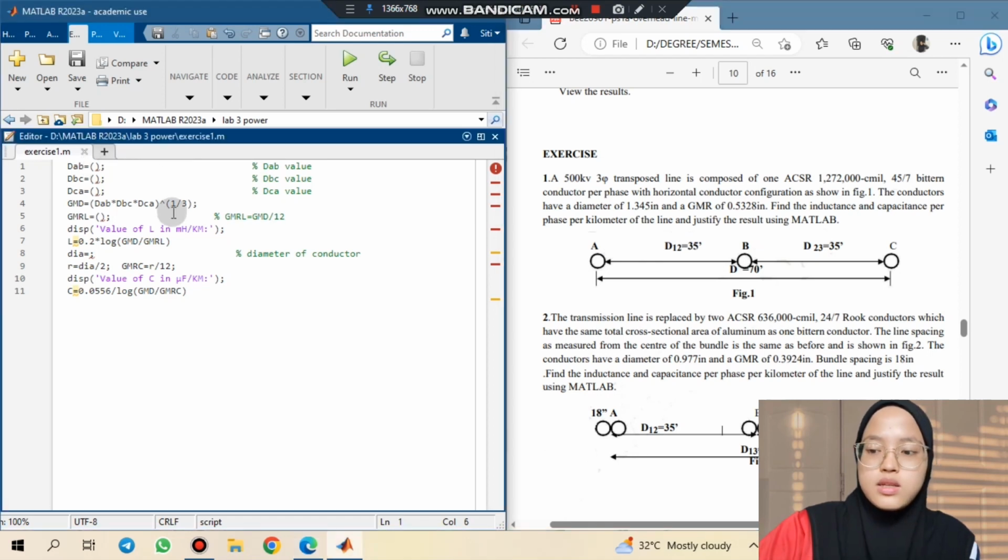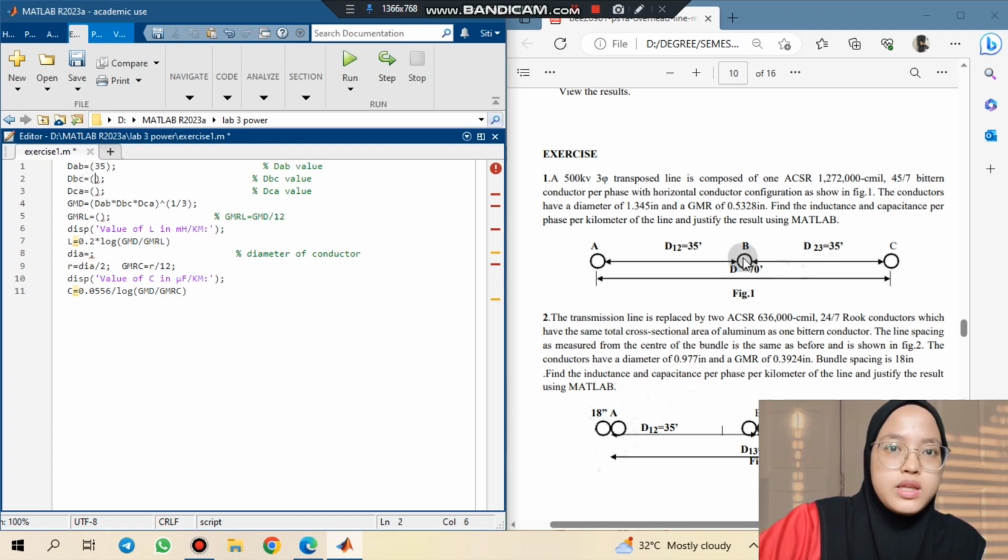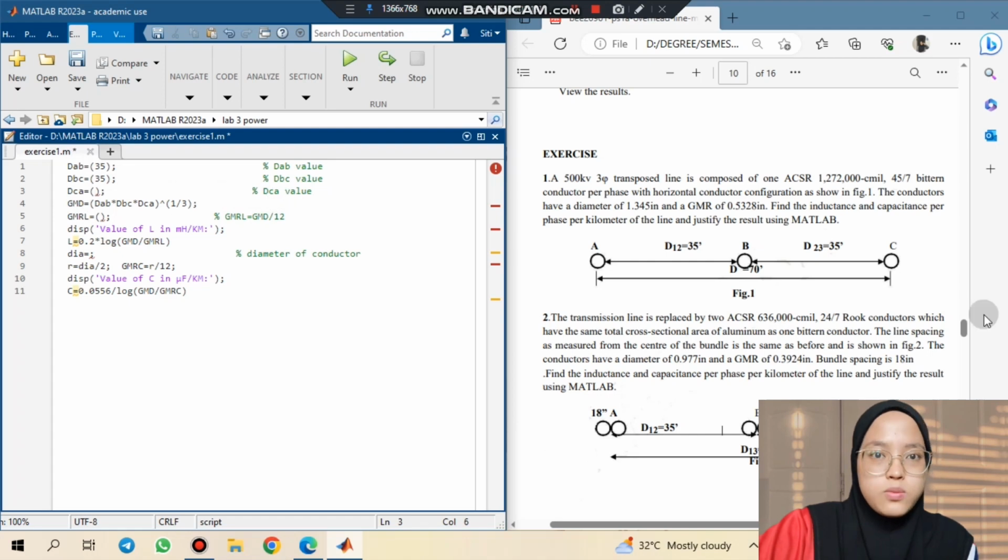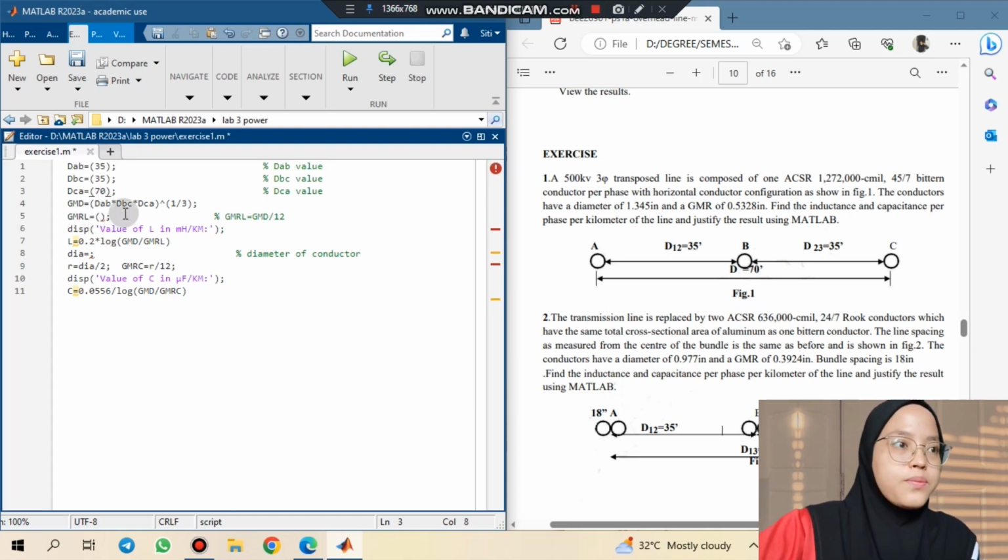So we're going to insert the value here, 35. And then the DBC value, from B to C, is also 35. Next is the distance value between C to A. From C to A, we can see the value is 70. So we're going to insert 70.